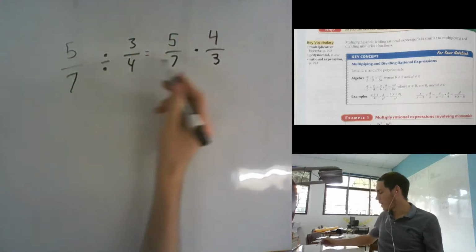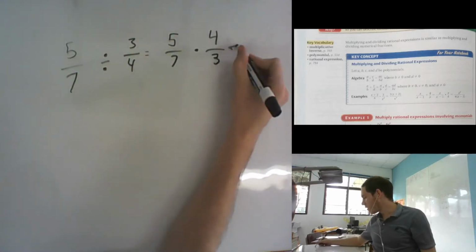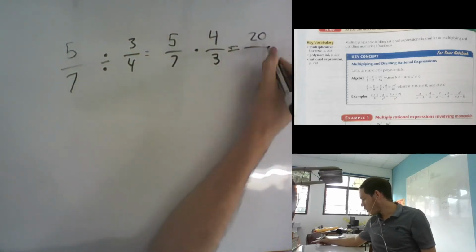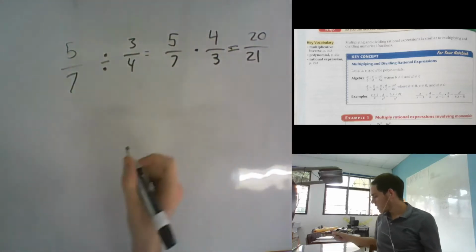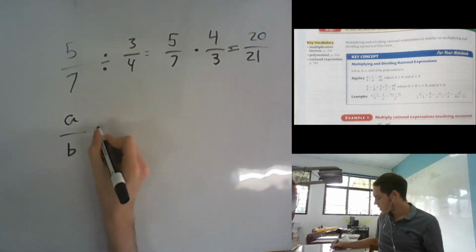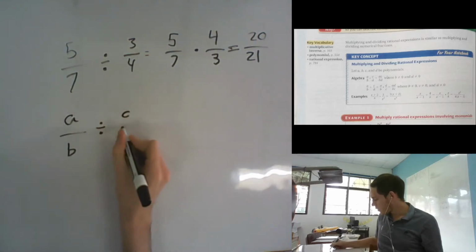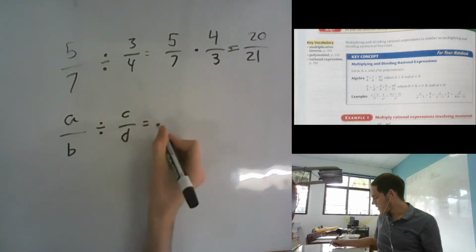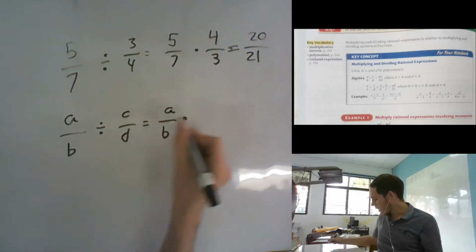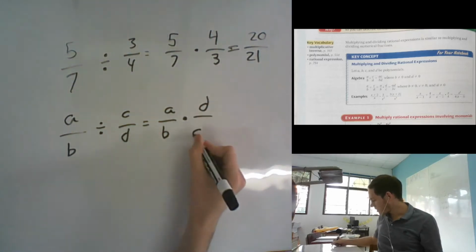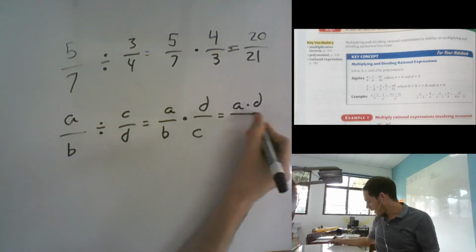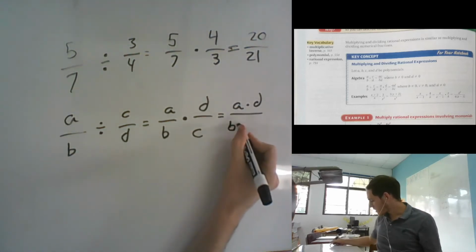When you divide by a fraction, you multiply by the reciprocal. Because 5 times 4 is 20 over 21, okay? Or, if we have a over b divided by c over d, a over b stays the same, and then we multiply by d over c. So a times d on top, and the bottom is b times c.